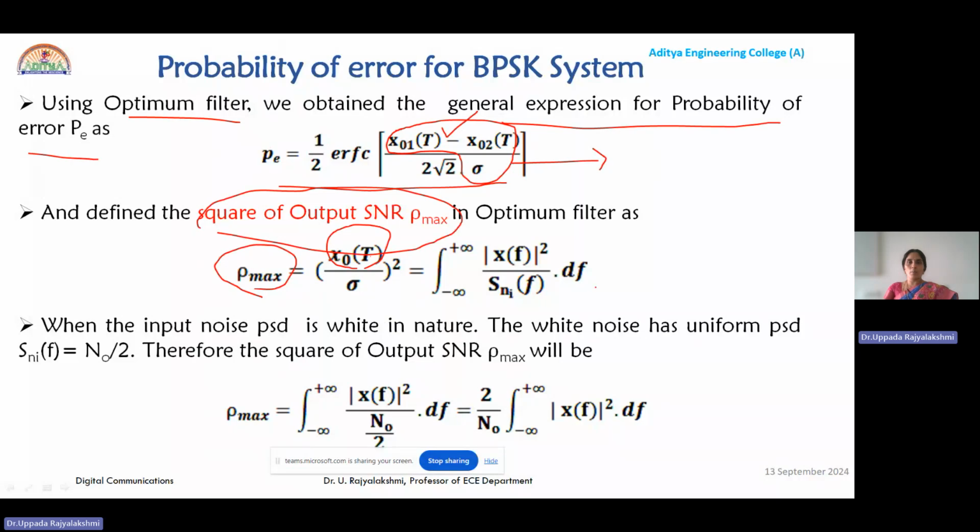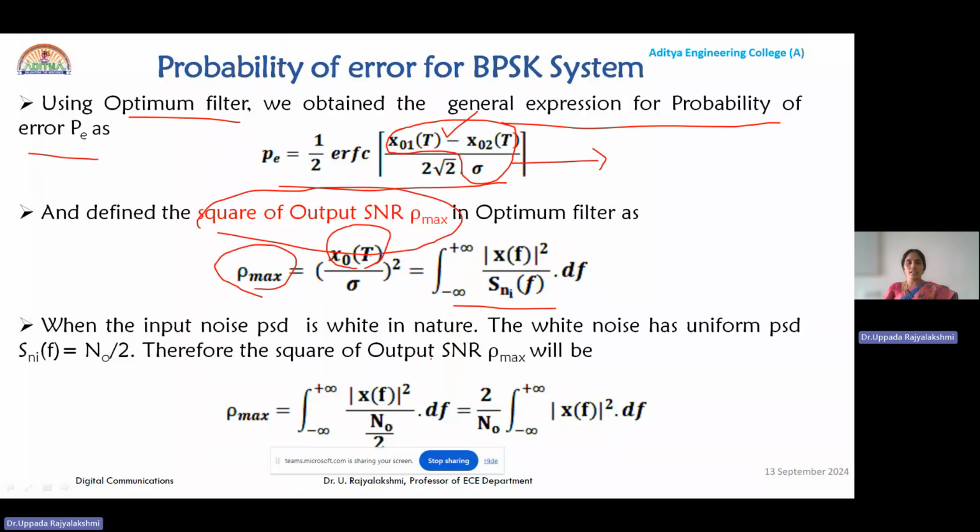And for optimum filter, we derived it as integral from minus infinity to plus infinity of |X(f)| square divided by SNi(f) df, where X(f) represents the change in the input magnitude in frequency domain. Similarly, SNi(f) represents the power spectral distribution, that is PSD, of input noise.